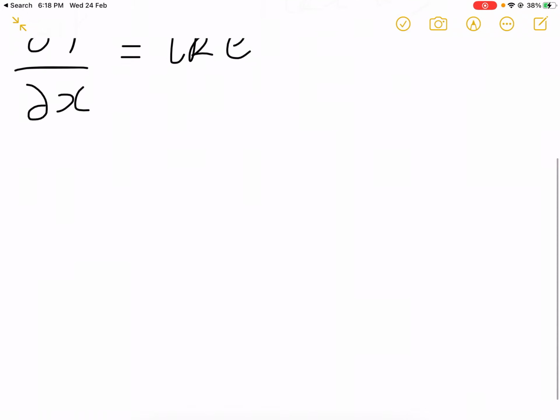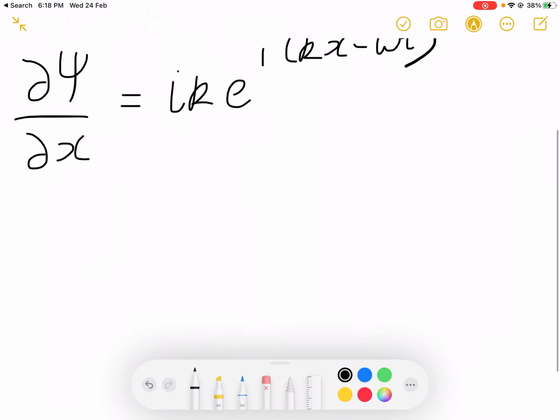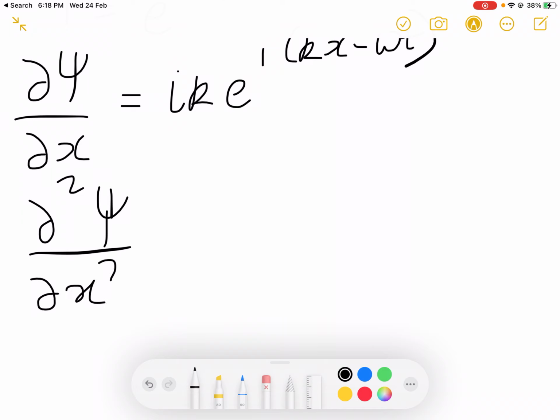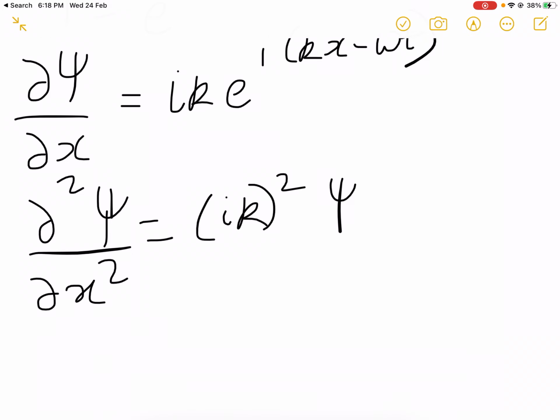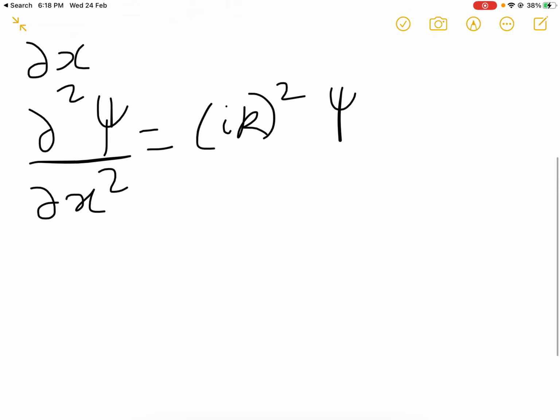Then we will differentiate it again, so this is calculus, just in case you don't know. Del square psi over del x square is equal to minus k square psi, because e to the power of i(kx minus omega t) is equal to psi. So we don't need to write it that way, we just write it as psi.